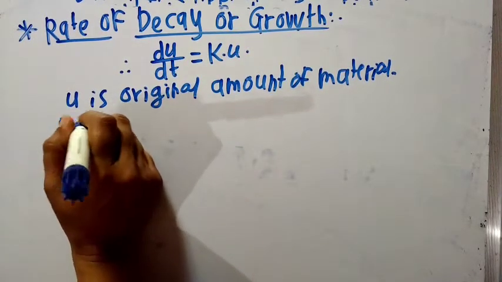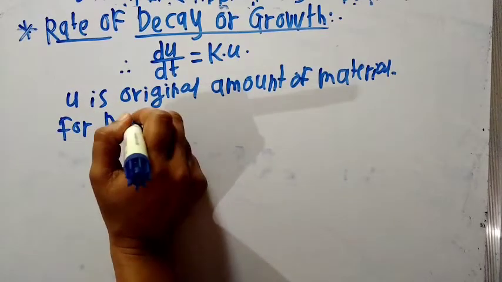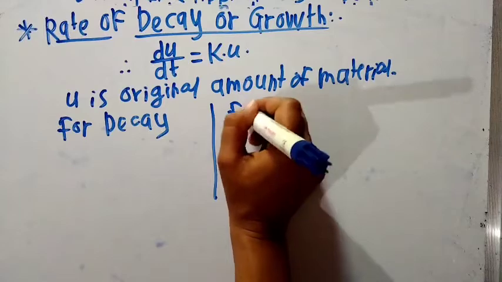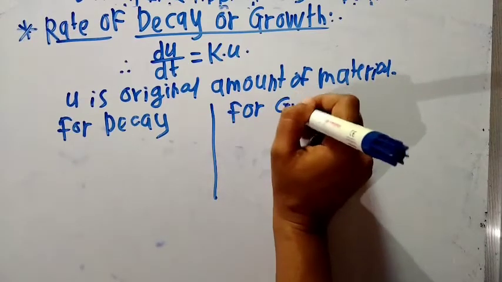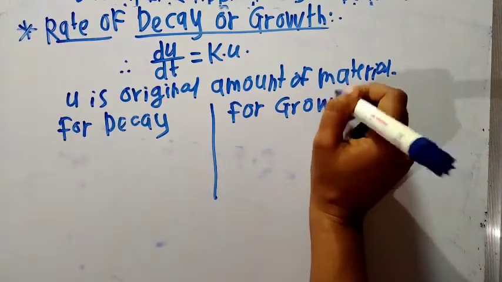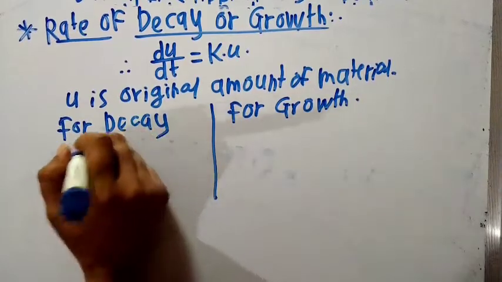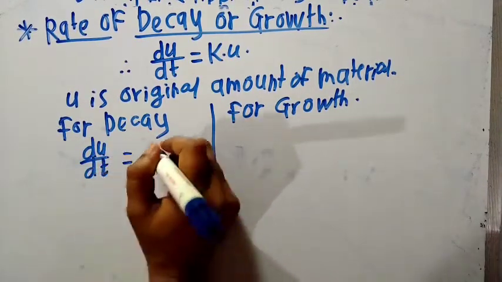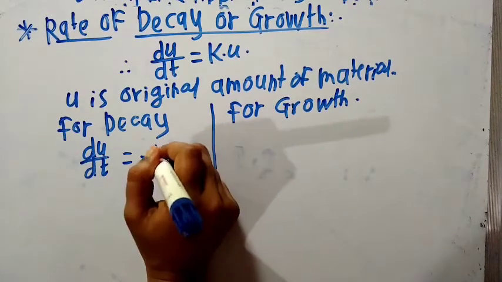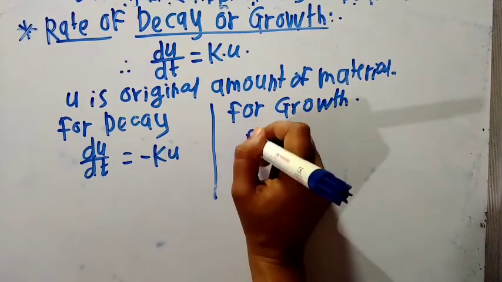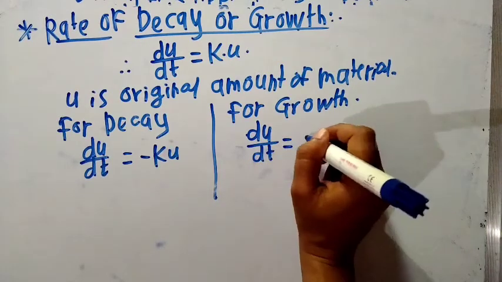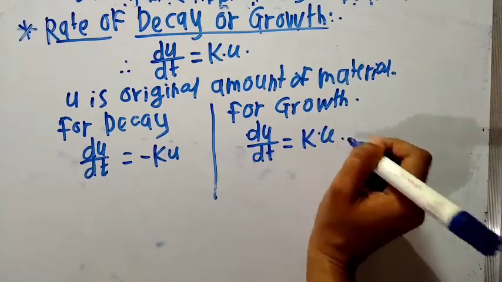For decay, du/dt is equal to minus k u, and for growth, du/dt is equal to k into u.